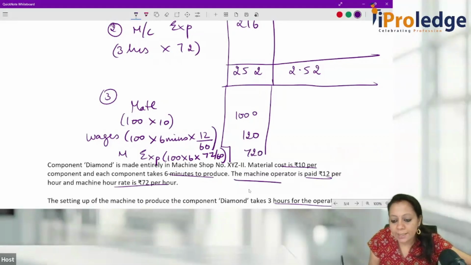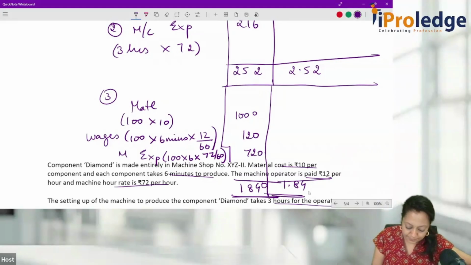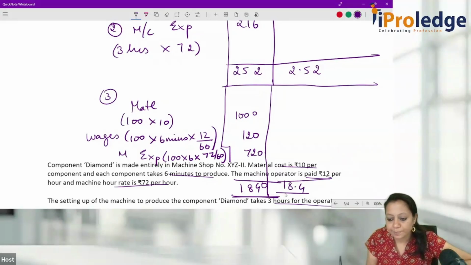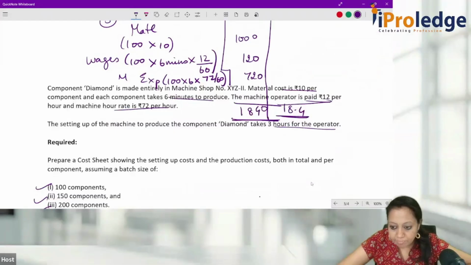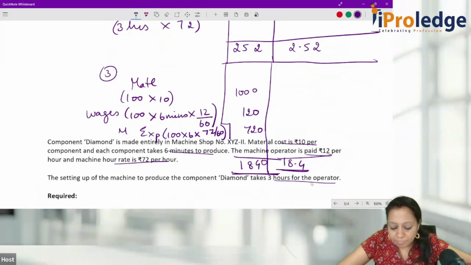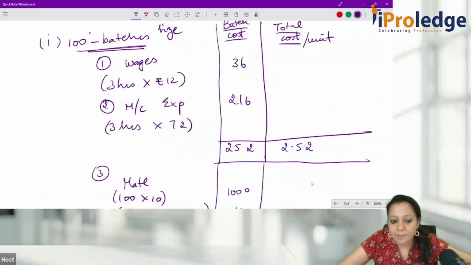So now can we do a total here, please? I don't have space, so we are writing here 1840, and this will be 18.40. Just cross verify, right? 18.4. So shall we proceed? Yes.